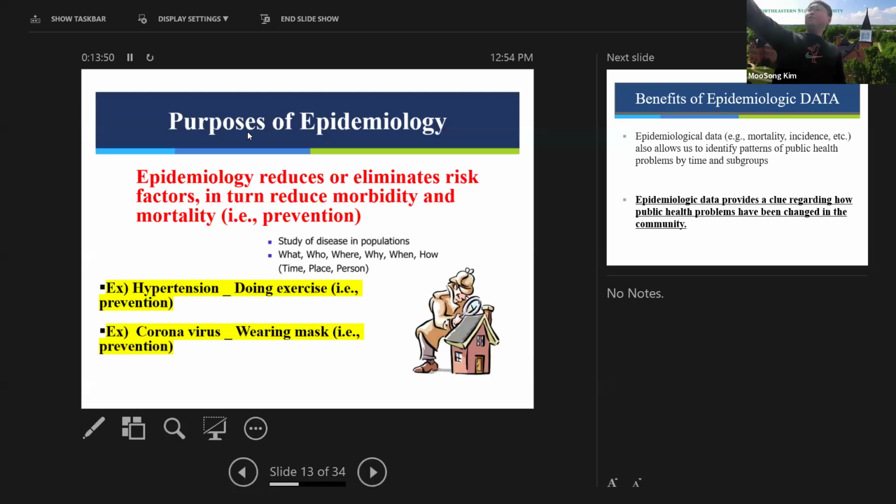So we know that hypertension is a risk factor for cardiovascular disease. In order to eliminate hypertension, we probably find some solutions, right? Which is doing exercise and many other ways. That's why we encourage people to do exercise to reduce cardiovascular disease.